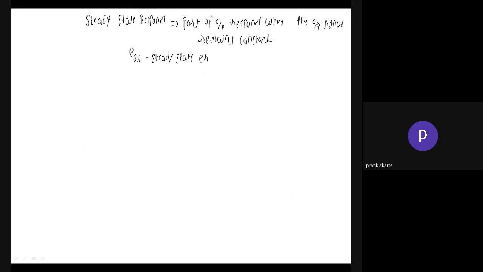In fact, this steady state error is the only thing that characterizes the steady state response.